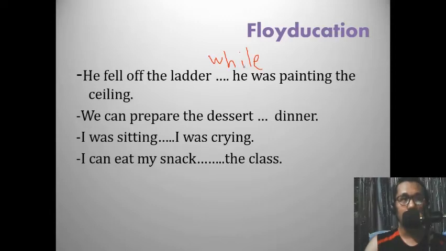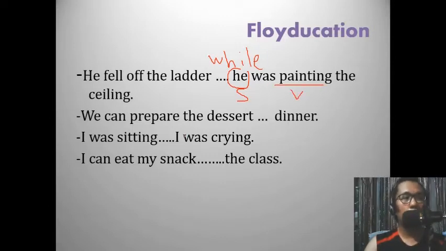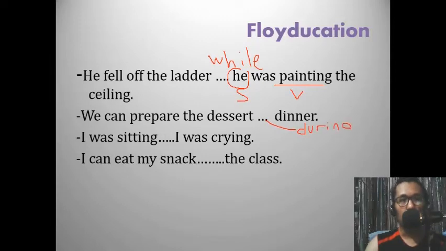As you can see, we have a subject and of course the verb. We can prepare the dessert, blank, dinner. The answer here is during, because this is a noun.